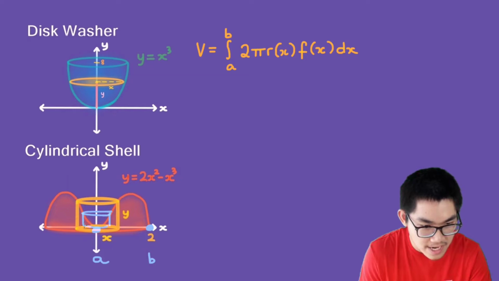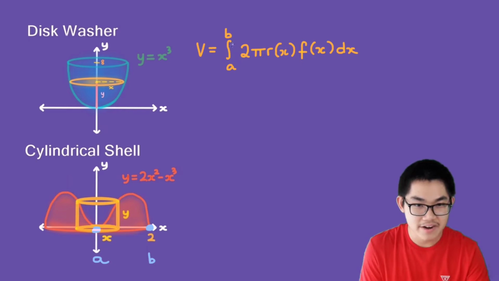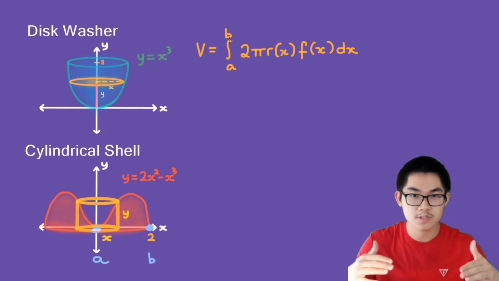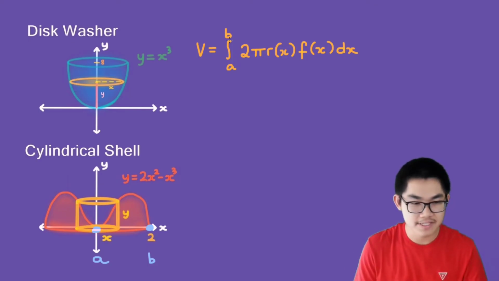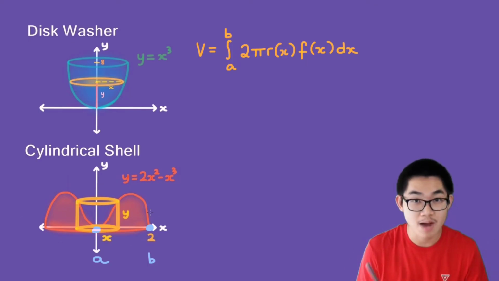And as we move towards b, we take the volume of each shell. And then finally, we take the volume of the final shell right there. And the integral sign means that we add all of those volumes of our shells together, and that's going to give us the volume of our three-dimensional object.